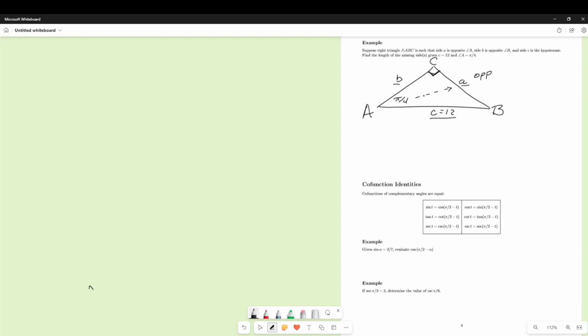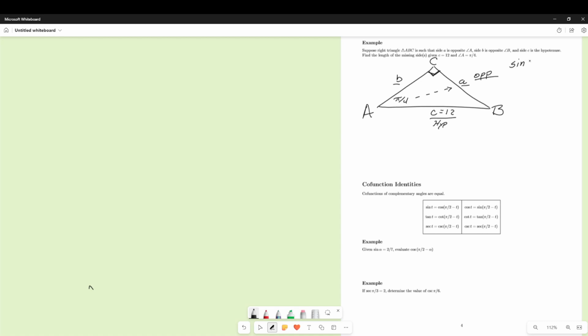So in reference to that angle pi over 4, that is our side opposite. So we want a relationship between opposite sides and hypotenuse, and we have a trig function that relates opposite and hypotenuse. That is our sine function.